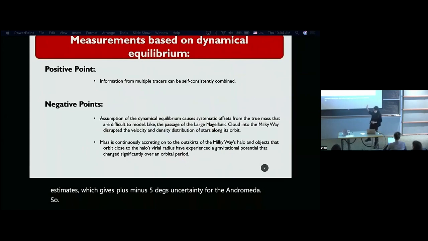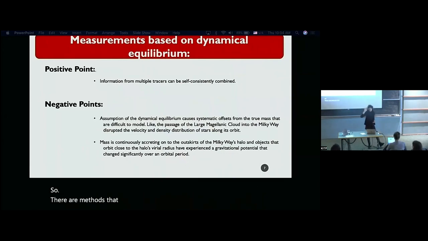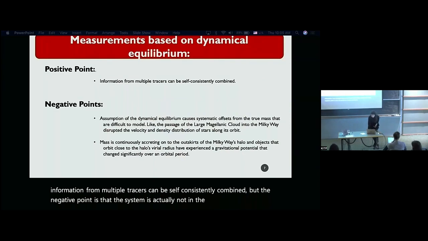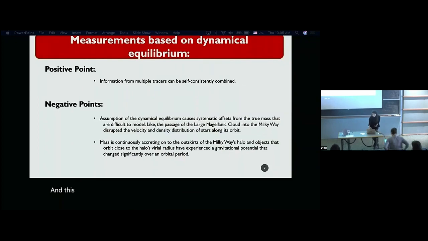The methods based on dynamical equilibrium have a general strength in that information from multiple tracers can be self-consistently combined. But the negative point is that the system is actually not in dynamical equilibrium, and this assumption causes systematic offsets from the true mass that are difficult to model.